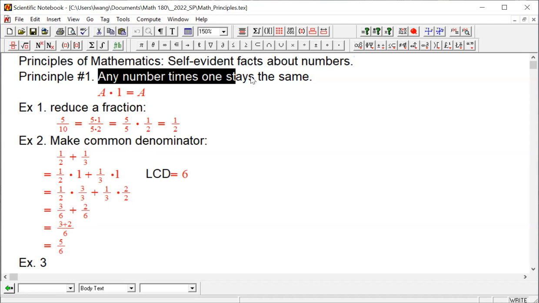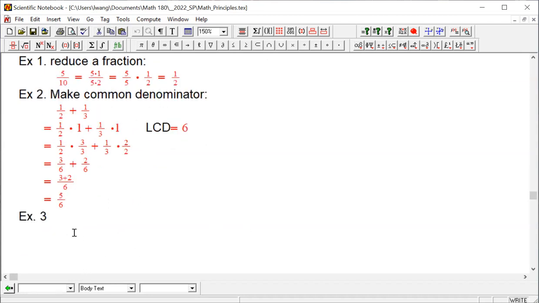This principle, any number times 1 stays the same. The third example is rationalization, which could be rationalization of the numerator or of the denominator.